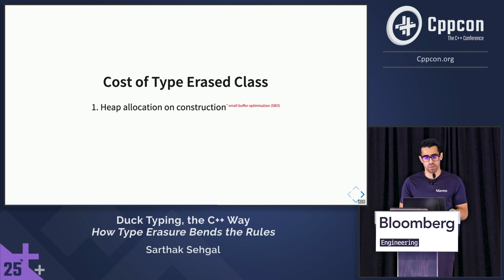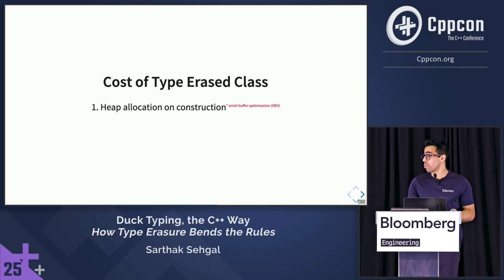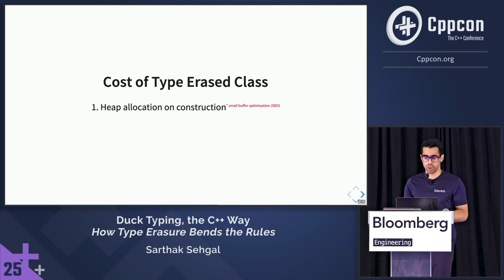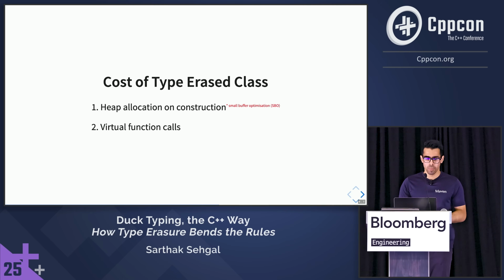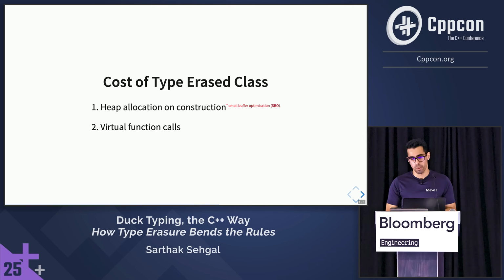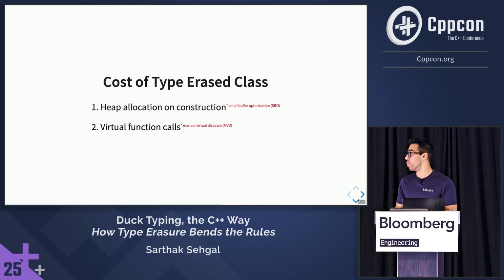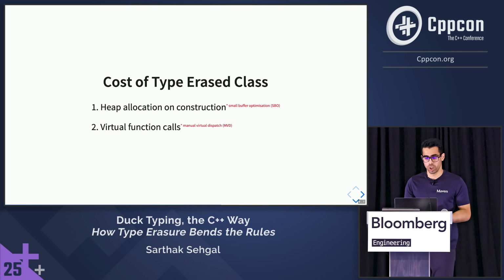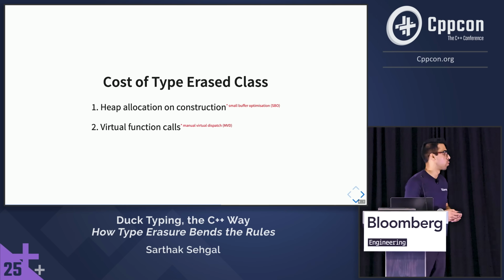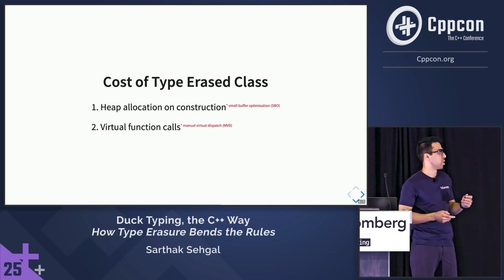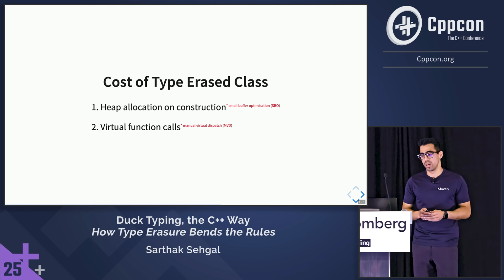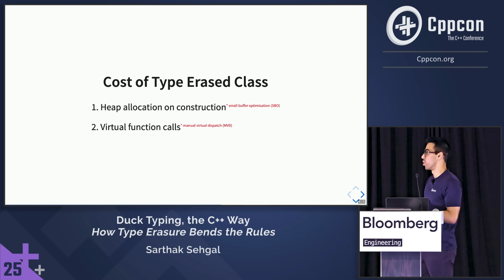Most implementations have this small buffer optimization which addresses this, and I'm going to speak about this soon. It also has some virtual function calls that definitely have some runtime cost. You could do manual virtual dispatch. When I talk about std any towards the end of this talk, I'm going to show you another way of doing type erasure that does not have this cost of virtual function calls.